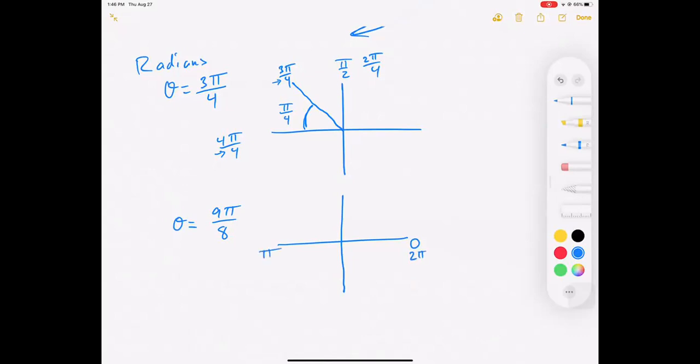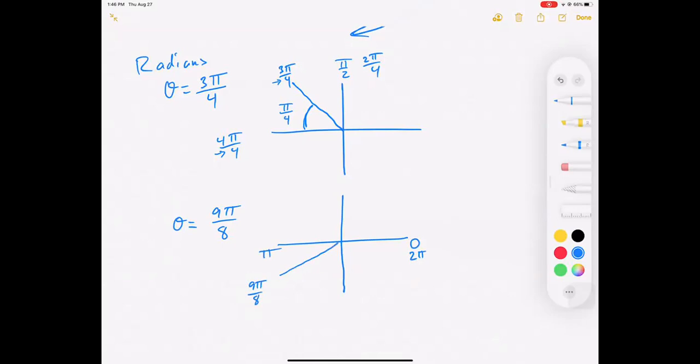This is pi over here. How much is 9 pi over 8? Is it a little bit over 1 pi or really close to 2 pi? It's a little bit over 1 pi, isn't it? Turns out it's in quadrant 3.